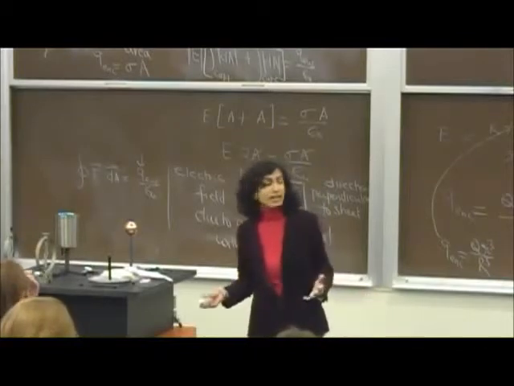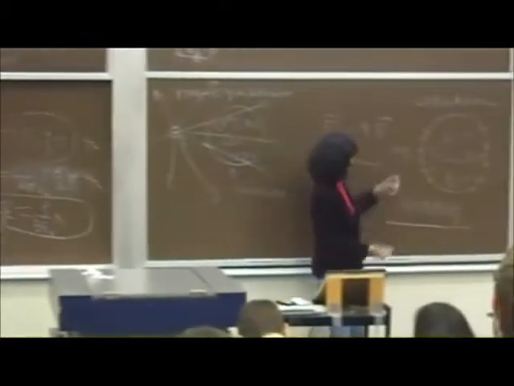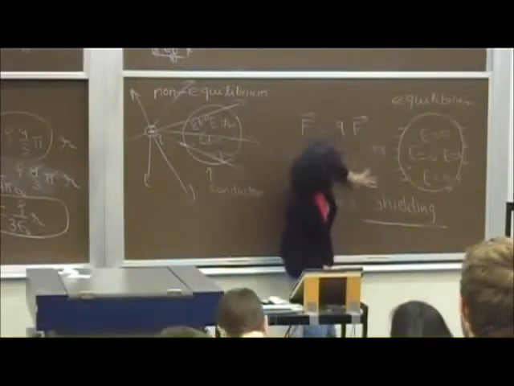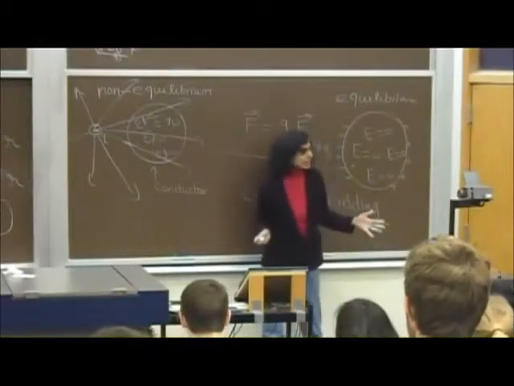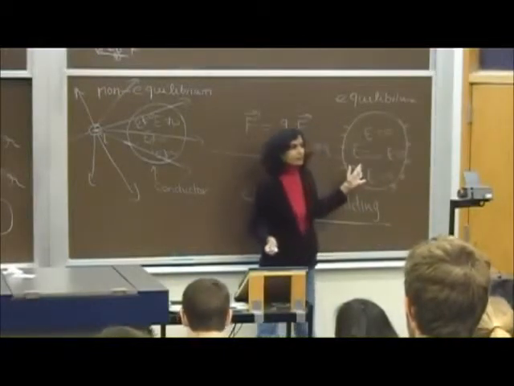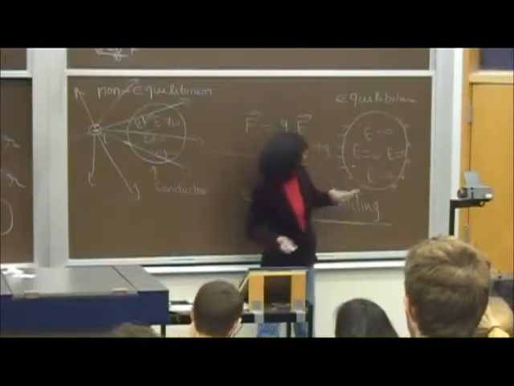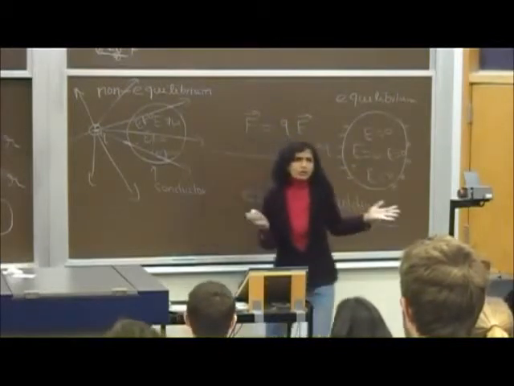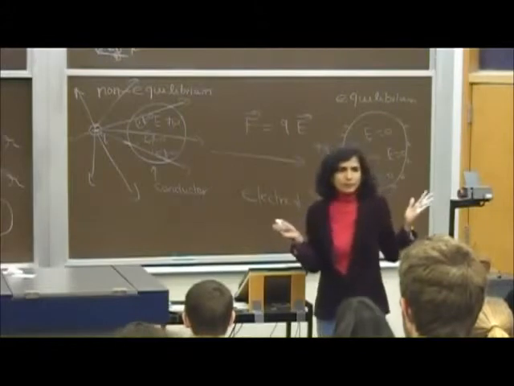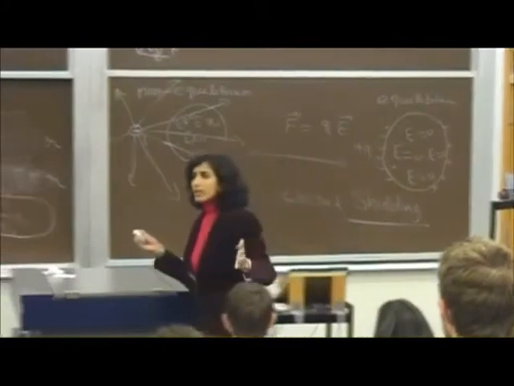Basically what we are saying is that if you have electric field produced by any number of charges, suppose you have lots of charges here or sources of electric field, do you see that putting a conductor shields the inside of the conductor from all of those noises? Have you ever been in a metal room?